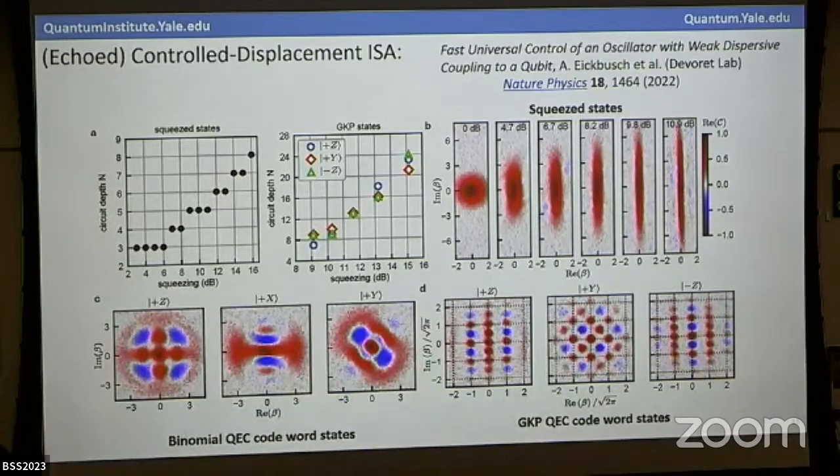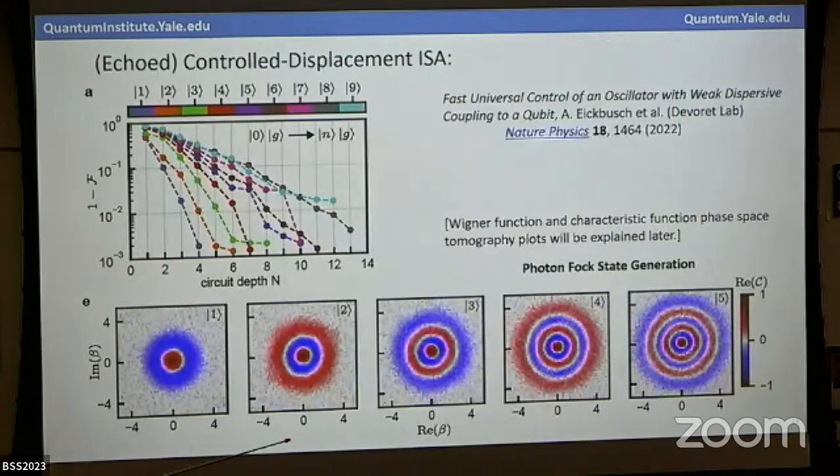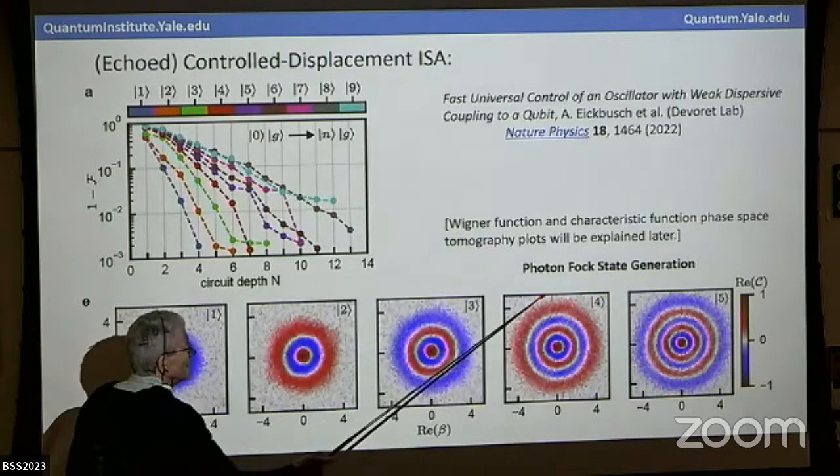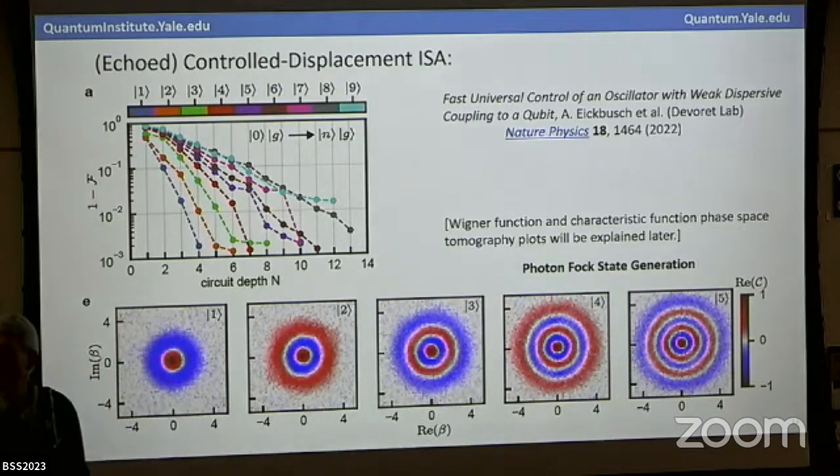But somehow N and phi are canonically conjugate, so a Fock state is squeezed in N. Oh yeah, so this is squeezing in Cartesian coordinates. So this is squeezed in number and totally uncertain in phase. Yeah, exactly.